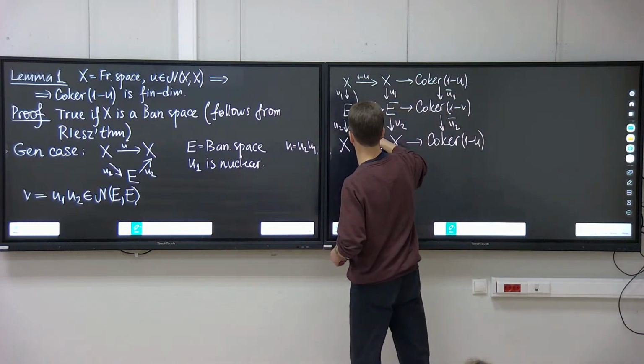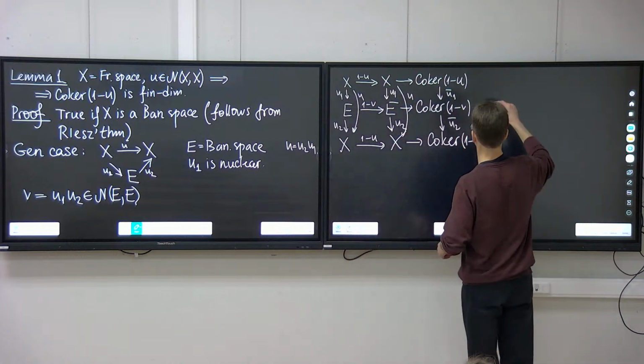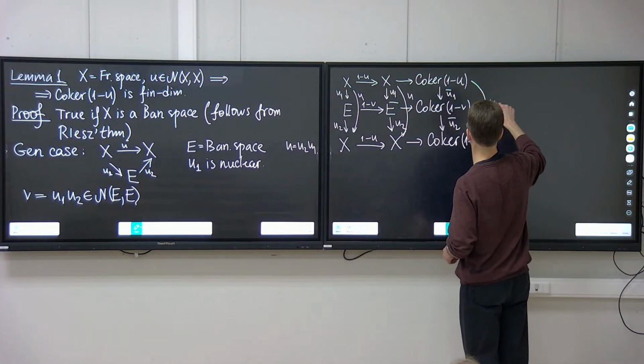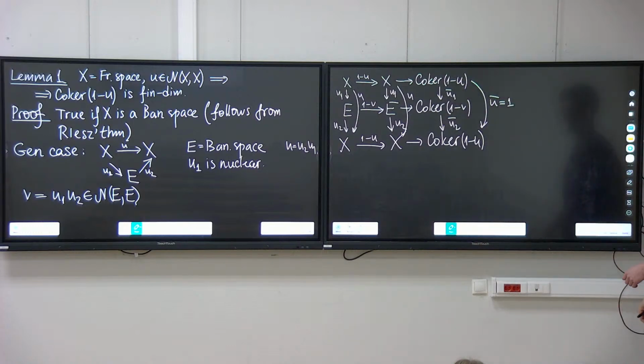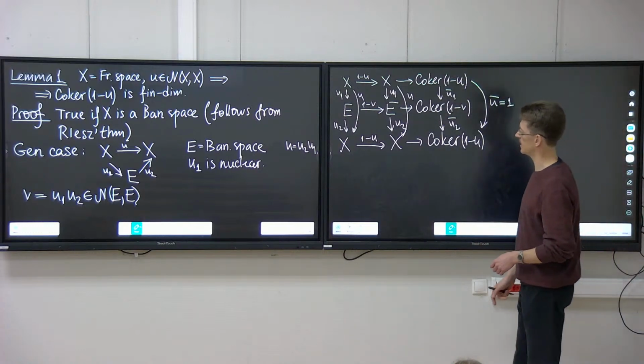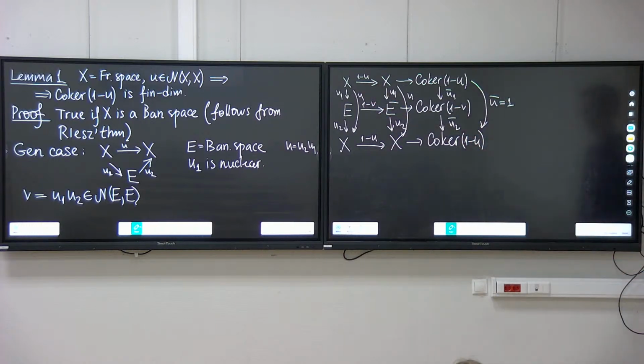So this composition is U, and now it's easy to see that the composition of these maps, U bar, is just the identity map, exactly because we quotient out the range of 1 minus U. After we quotient out the range of 1 minus U, the respective quotient map is the identity map.